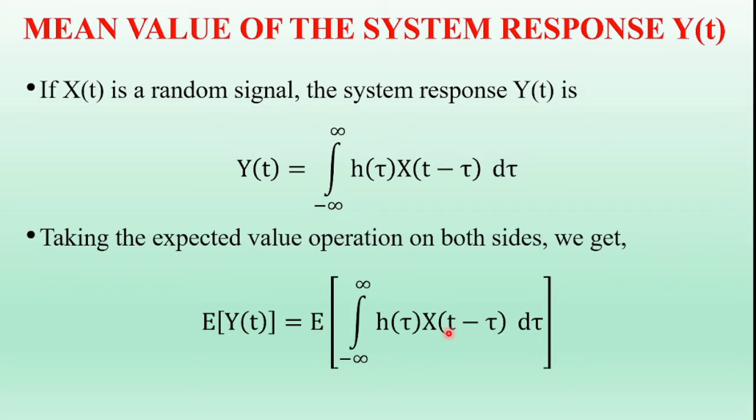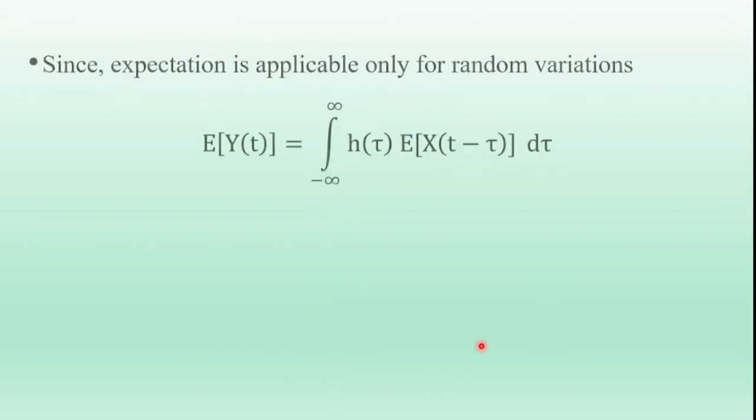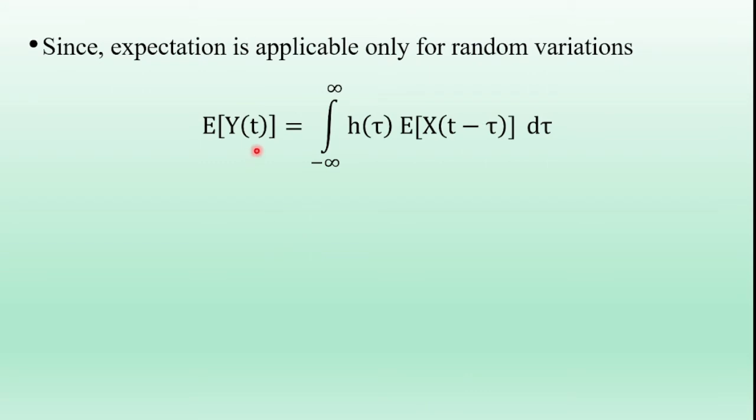And what is the input signal? That is the random signal x(t). So x(t − τ) is the shifted input signal, applying the expectation to the random signal. Therefore, the RHS term gives E[y(t)] equal to the integral from minus infinity to infinity of h(τ) into E[x(t − τ)] dτ.